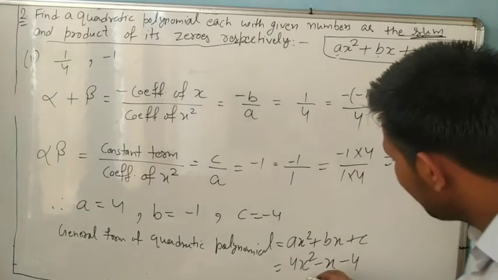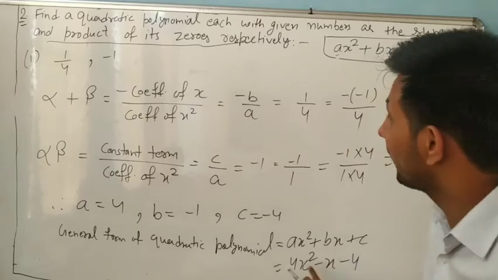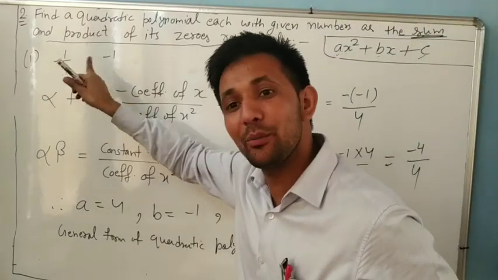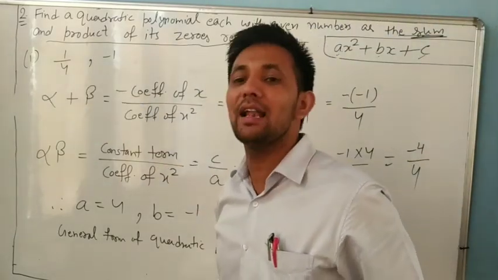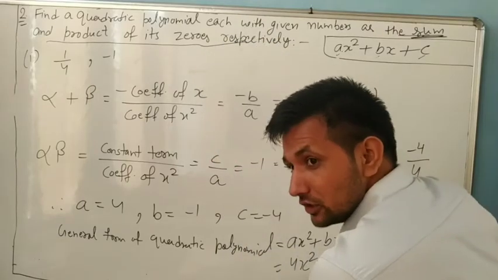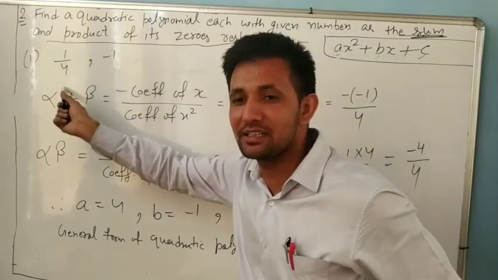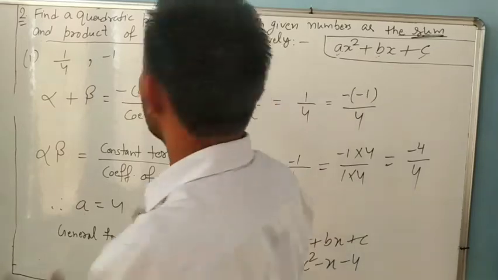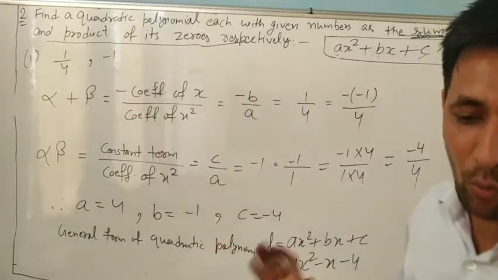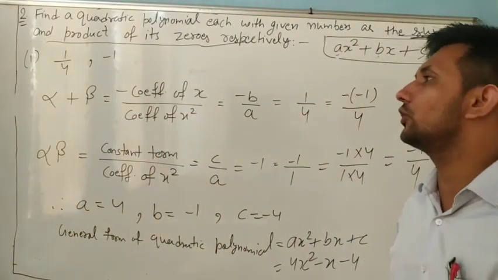You can find its roots also, and you will find the sum comes 1 by 4 and the product is minus 1. You can verify: we find its zeros and check whether the sum is minus 1 by 4 or not. Note it down. The rest of the second question you can do yourself.